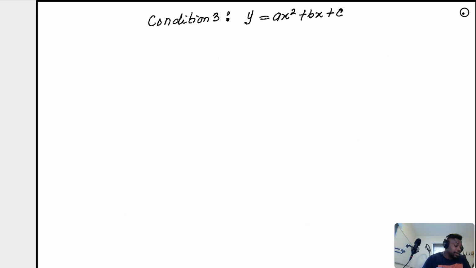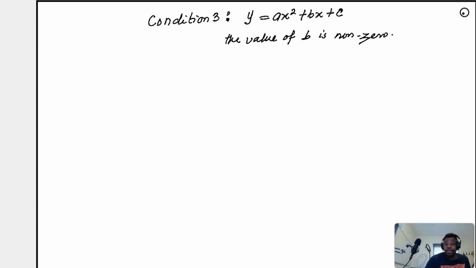Now let's take condition 3. For condition 3, y is equal to ax squared plus bx plus c. You can see here that the value of b is non-zero. Okay?